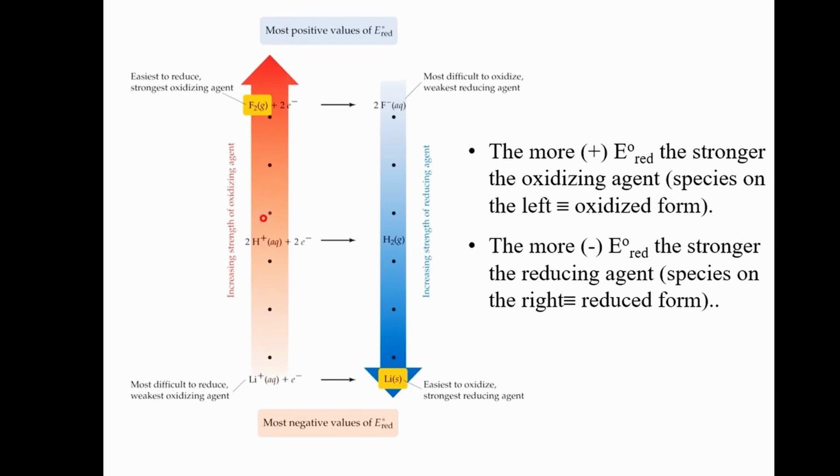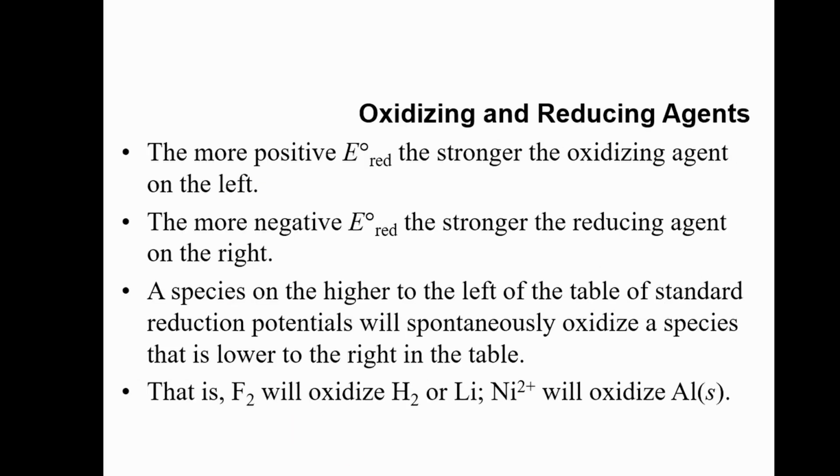Oxidizing agents have to be in their oxidized form. So the more positive the standard reduction potential, the stronger the oxidizing agent, the species on the left in the half reaction, the reactant. The more negative the standard reduction potential, the stronger the reducing agent, the product on the right, the thing that's in its reduced form.